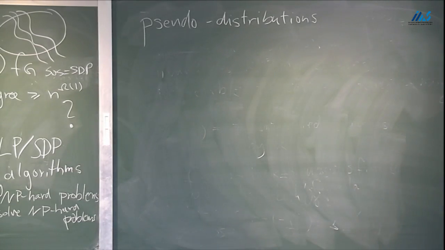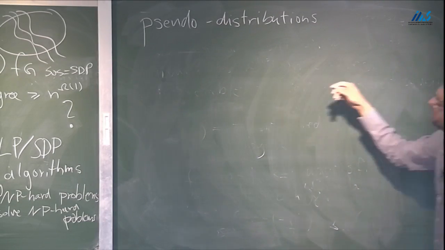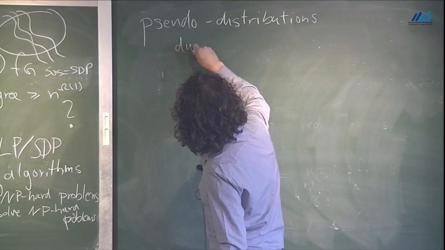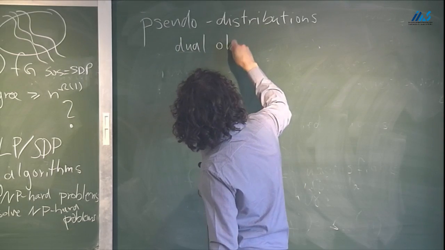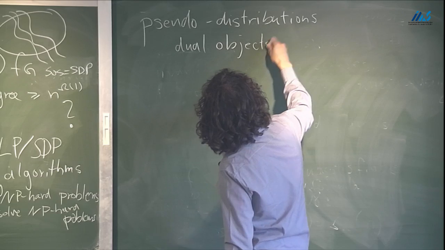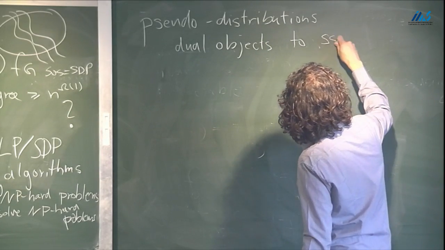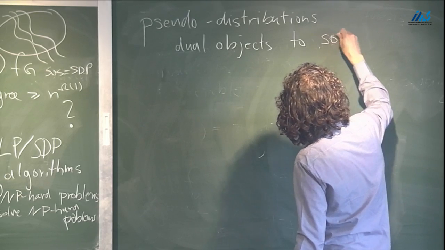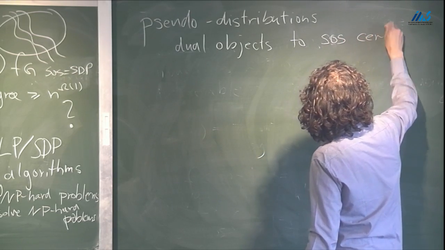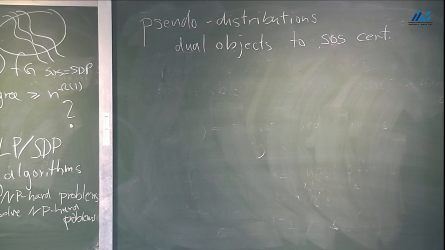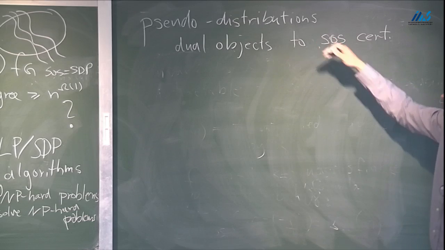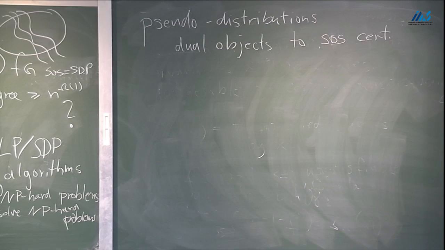These objects turn out to be exactly the dual objects to sum of squares certificates. And they really help you a lot in terms of reasoning about those certificates.